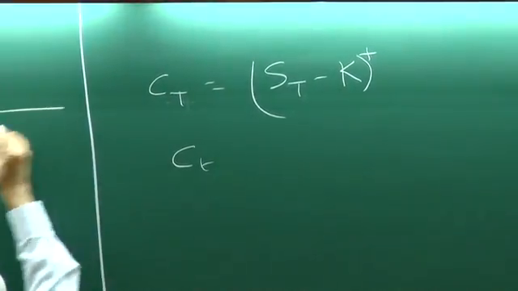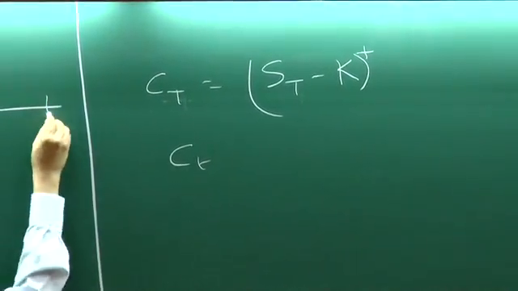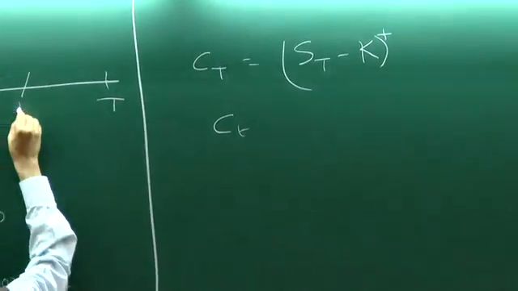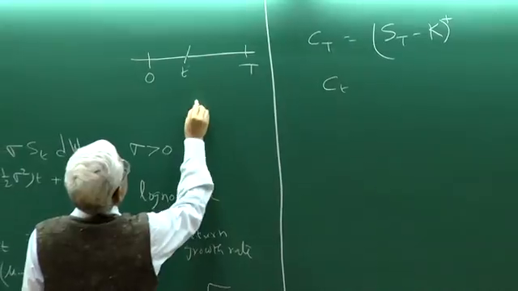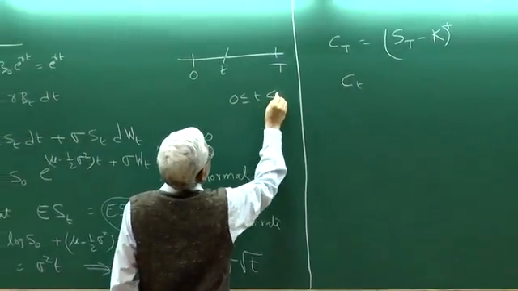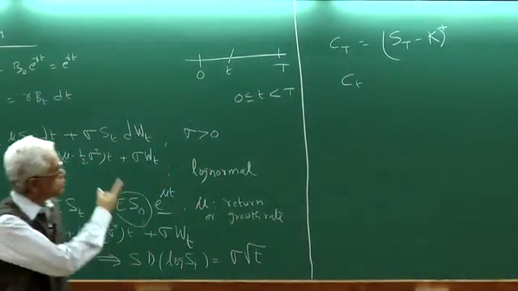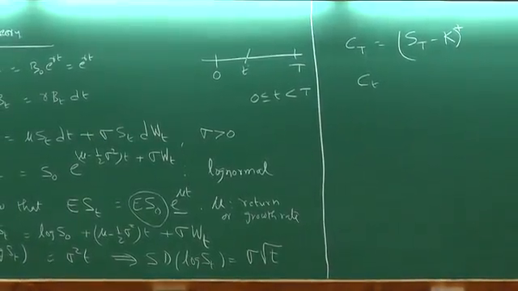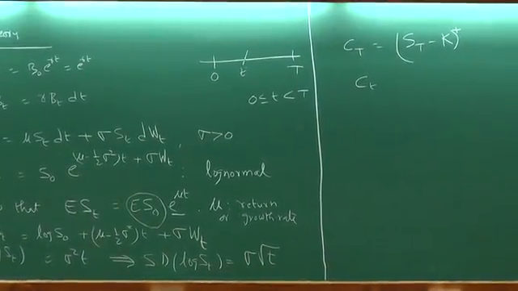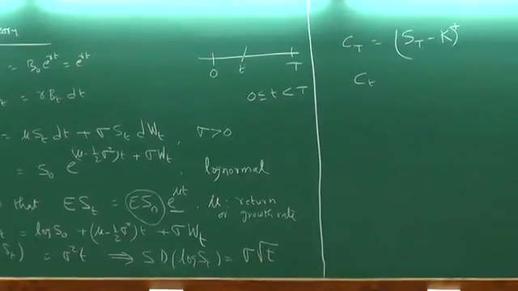Remember, it is continuous time, so 0 to T. T may be equal to 0 also. This is the question that I want to answer. Yesterday I did the martingale method, which I will come to towards the end of this lecture. First, let's do the PDE method.